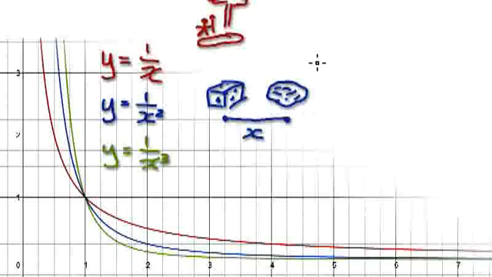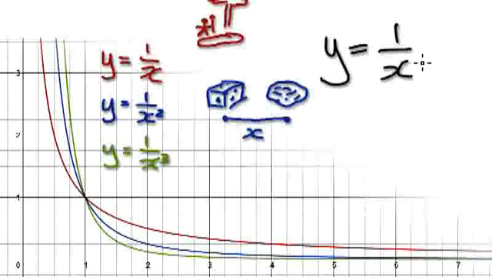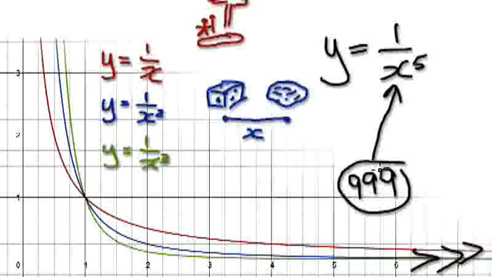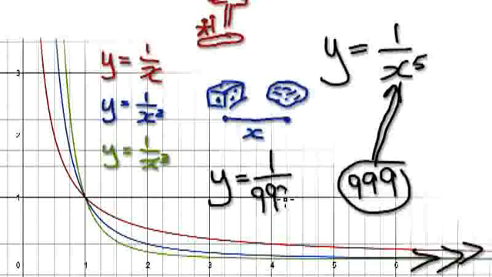And if you're investigating y equals 1 over, let's say, x to the power of 5 here, now as x increases, when you make x really big, say you put 999 into the x there, it would be 999 to the power of 5.